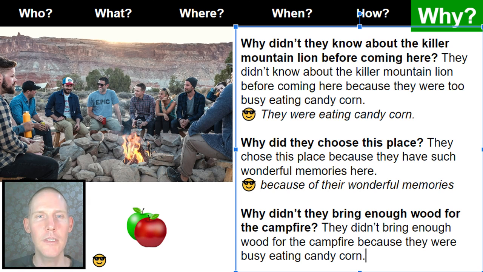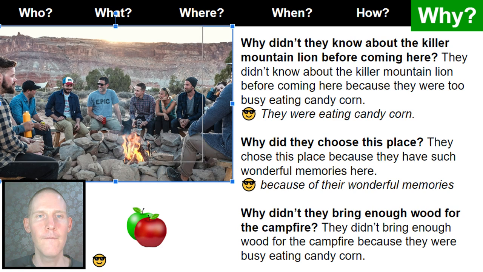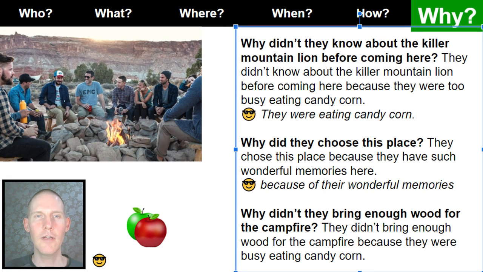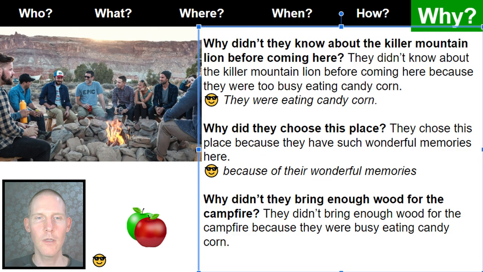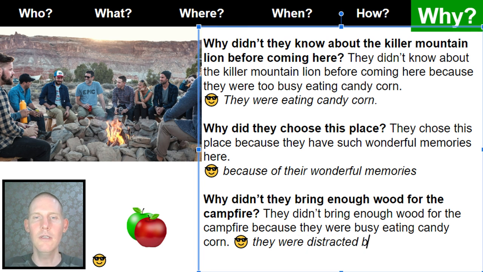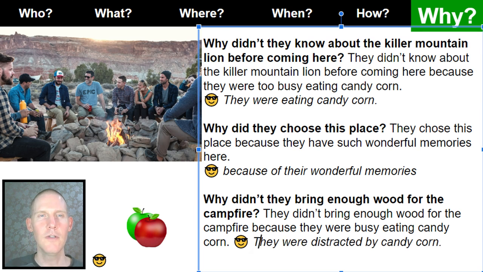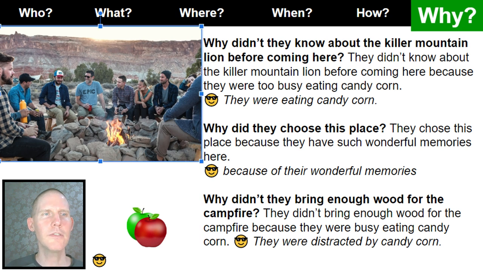All right, let me make this a little bit bigger. We have more space so we can see everything on screen. All right, so the short answer, they were distracted by candy corn because it was so delicious and they are strange.